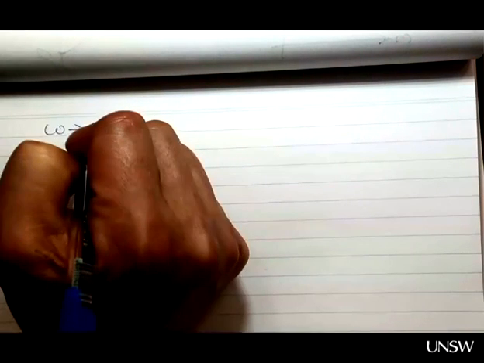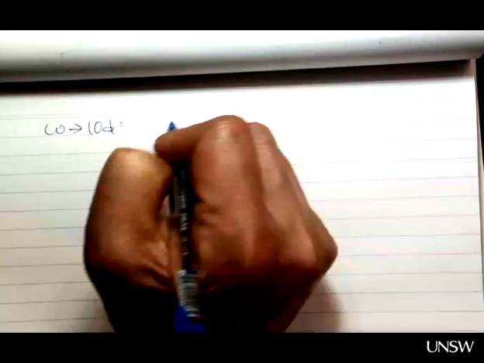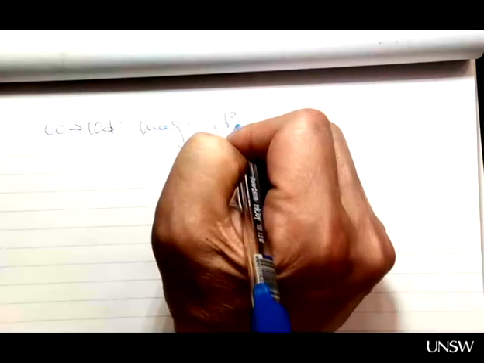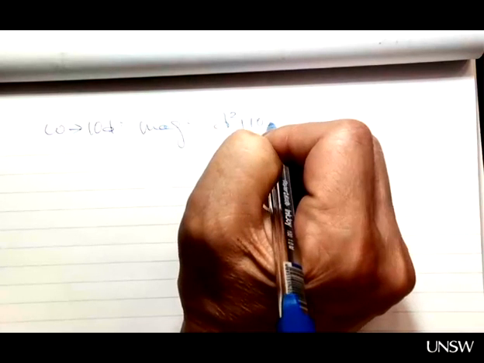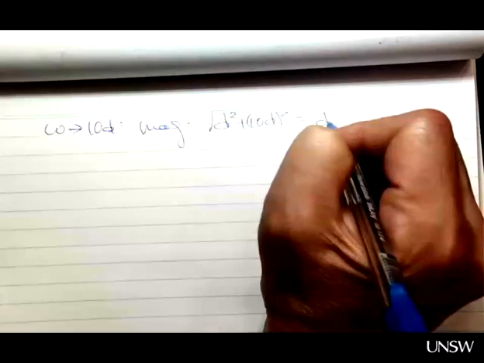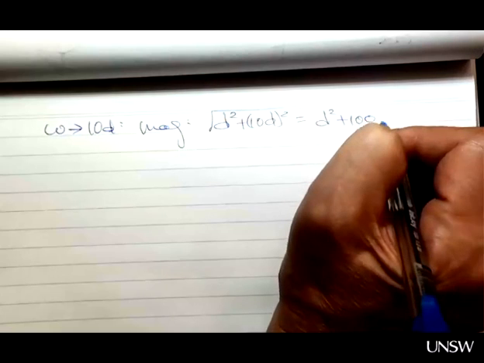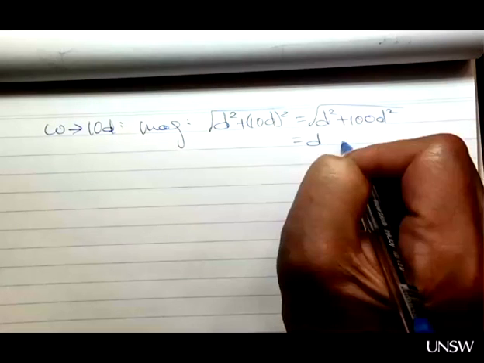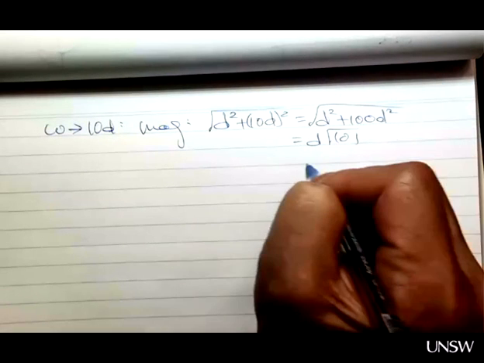So for higher frequencies, if omega goes to 10d, then the magnitude is the square root of d squared plus 100, so it is approximately 10d.